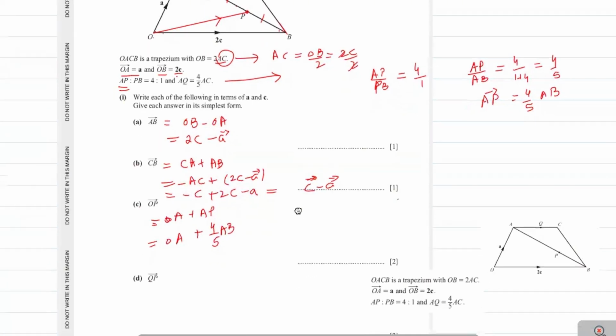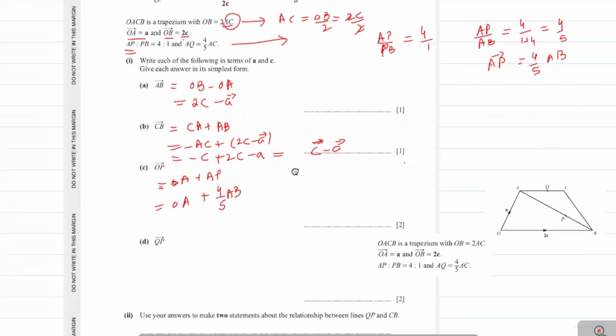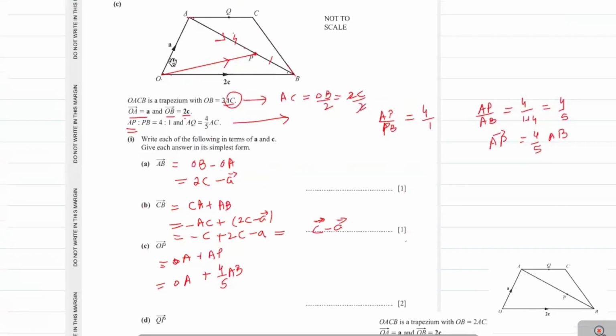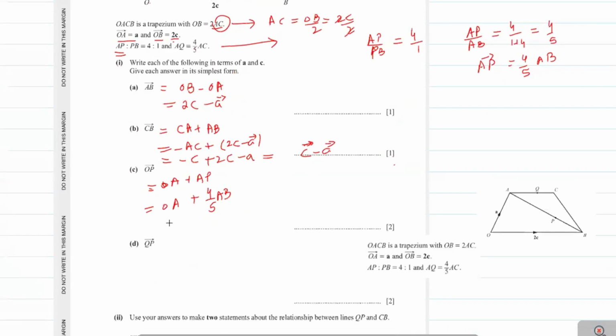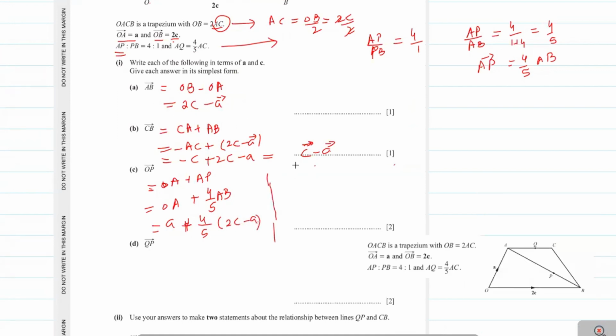In the next step, we take the value OA. OA here is a, we write a as it is. And 4 over 5 we write as it is. And AB, look here, this is the AB value. This is 2c minus a. We simplify this value. We get a plus 4 times 2c, 4 times 2 is 8, so 8 over 5 c minus 4 over 5 a.